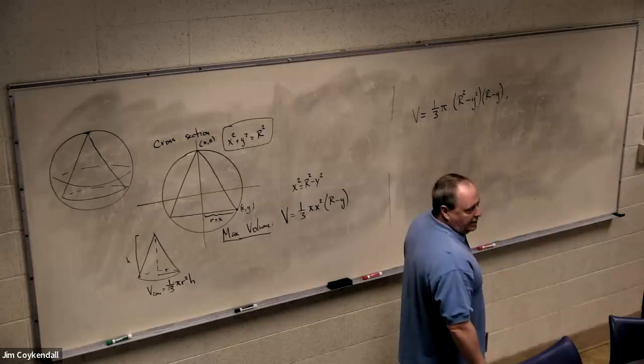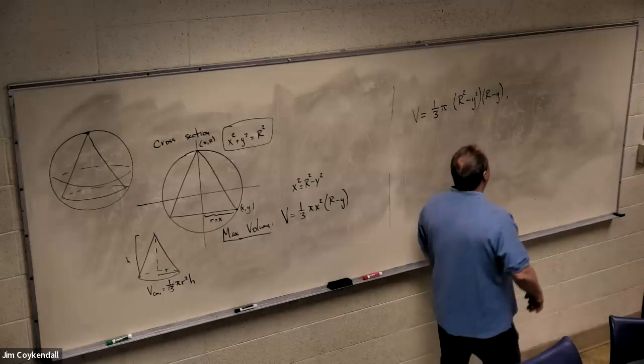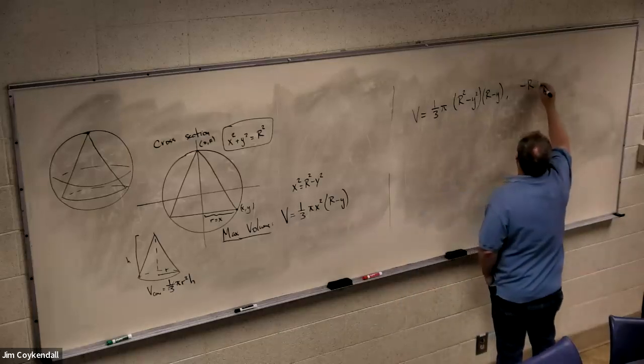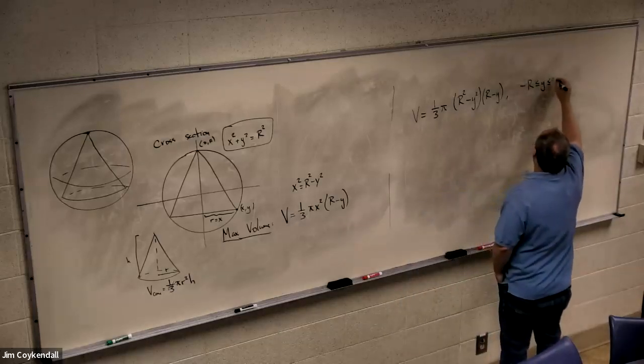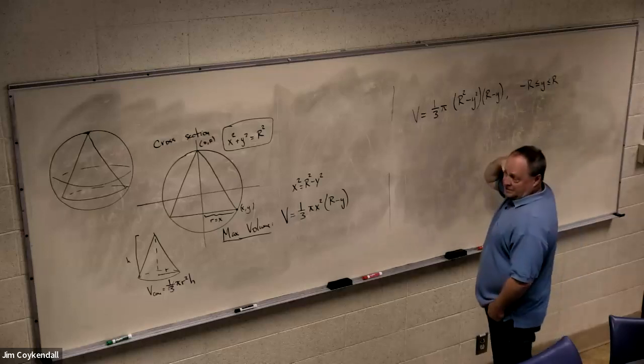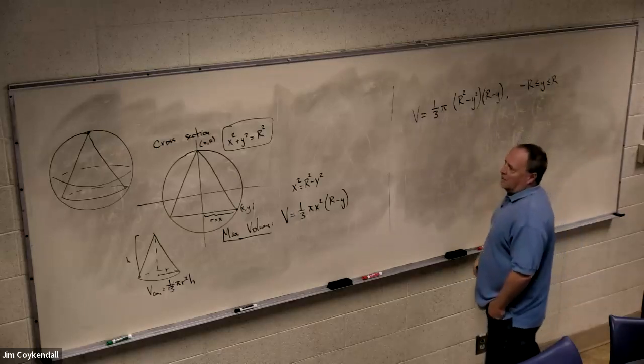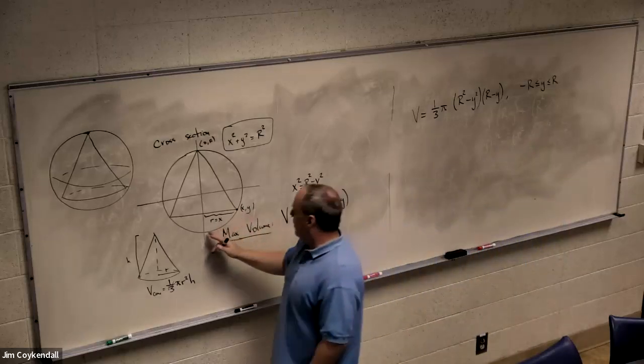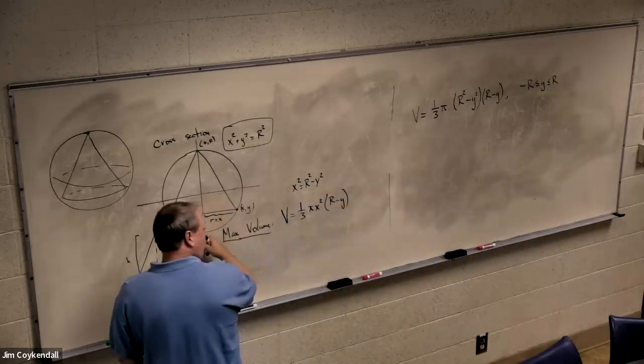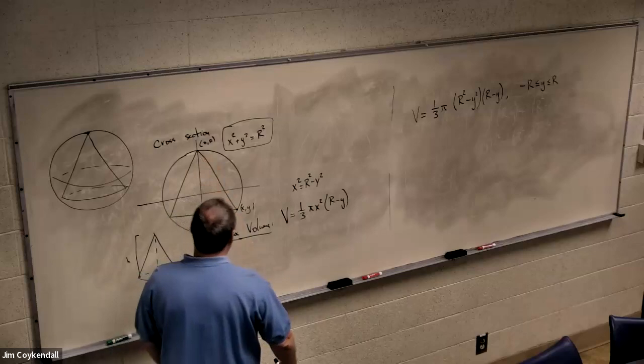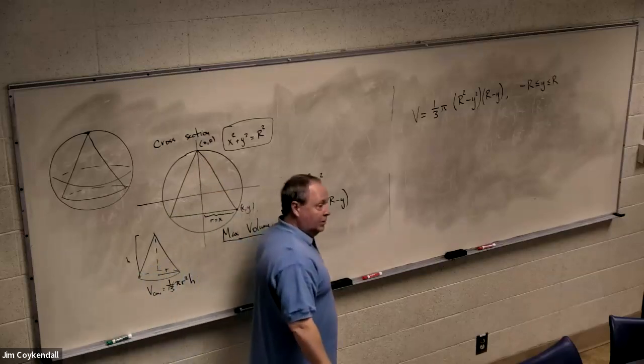We need our playground. And in this case, my playground is the same as before: your Y coordinate can go all the way down to the South Pole, being -R, and all the way up to the North Pole, being R.